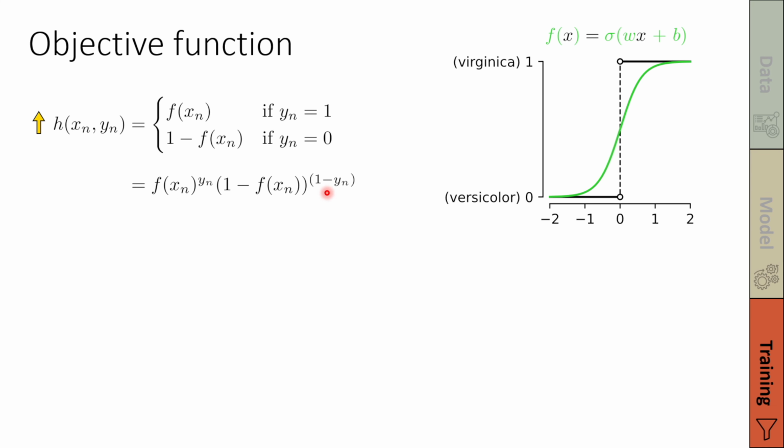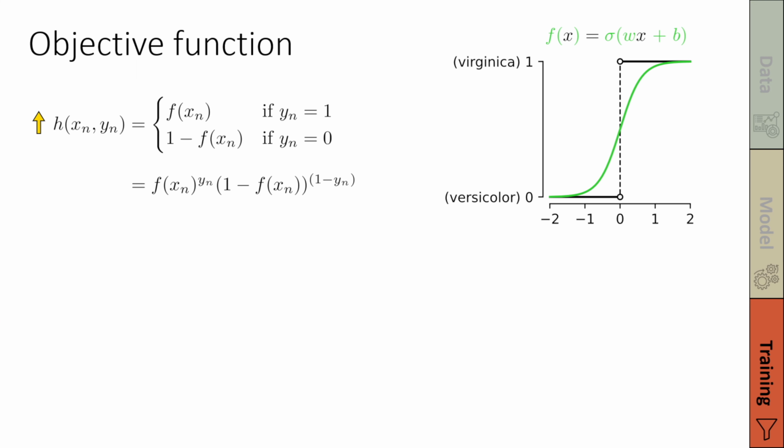And here the exponent would be 0, which means that the term on the right would be equal to 1. So we are left with f of xn, which is exactly what we want. And you can go ahead and try for yn equal to 0. And what you will see is that we'll be left with 1 minus f of xn, which is exactly what we want.